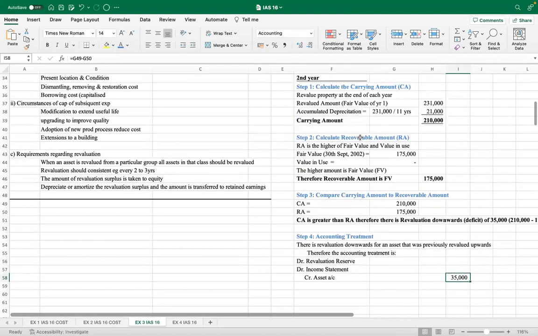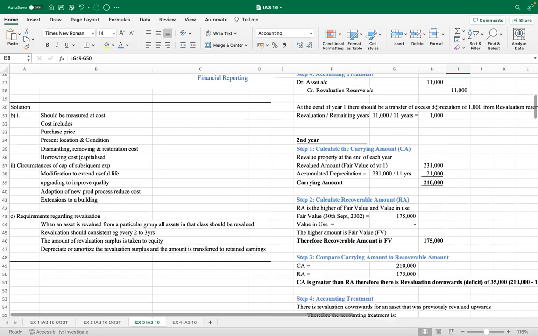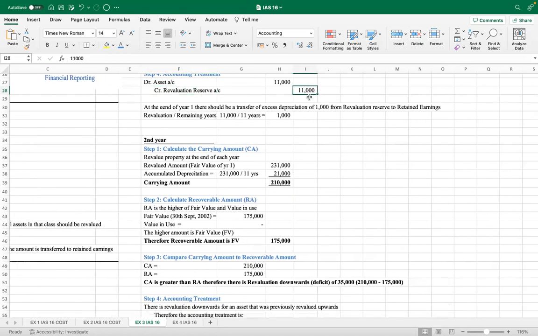Now, in year one, I'm stressing that. Year 1, there was a revaluation reserve of 11,000, which was credited. But you are told at the end of year 1, there should be a transfer of excess depreciation of 1,000 from revaluation reserve. Let me read it. Now, there was revaluation reserve of 11,000, but we transferred 1,000 out of 11,000 from revaluation reserve to retained earnings. Now, my last question to you people, type for me in the chat.